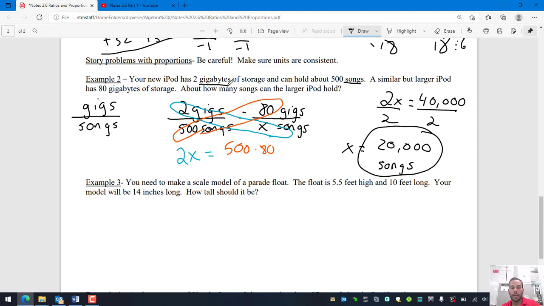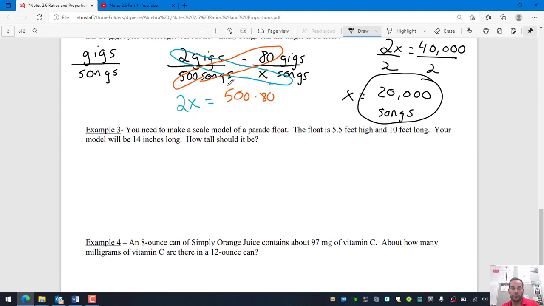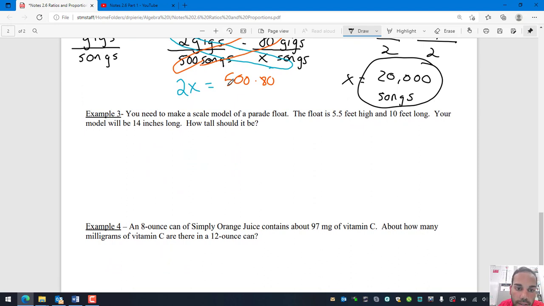Okay, not super bad. Here's a little bit more difficult one. It says you need to make a scale model of a parade float. And it says the float is 5.5 feet high and 10 feet long. Your model will be 14 inches long, and I'm asking how tall should it be? So there's an actual bigger float, but we want to make a smaller replica of it to model it.